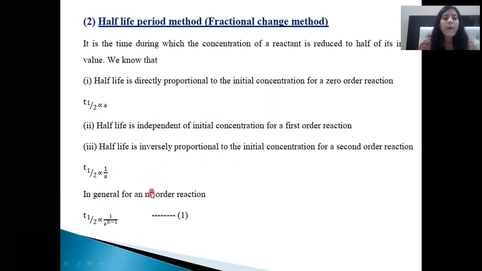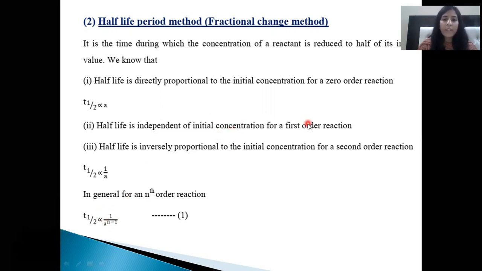In general, for nth order reaction, half-life is proportional to 1 upon a raised power n minus 1. For example, for zero order reaction, put n equal to 0. Here 0 minus 1, a raised power minus 1 in the denominator becomes a raised power 1 at the numerator. So half-life becomes directly proportional to a.